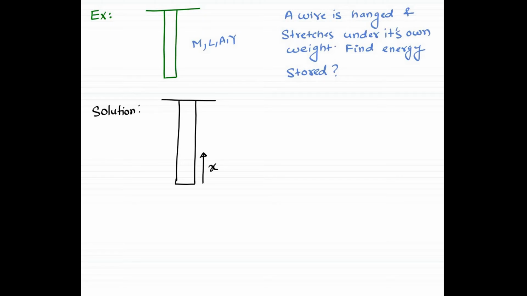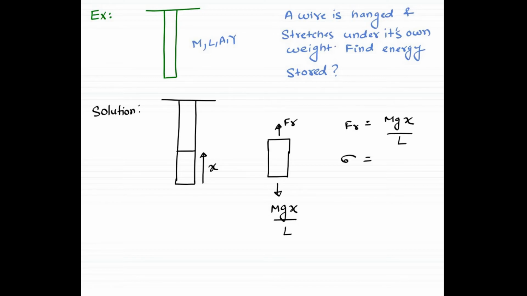At a distance of x from the bottom, if I draw the FBD, the restoring force turns out to be this. So stress at that point will turn out to be this. We assume there is no change in cross-sectional area.